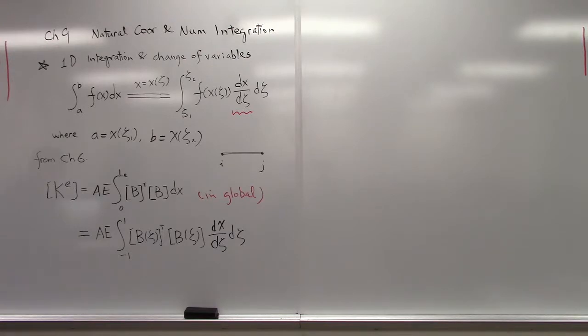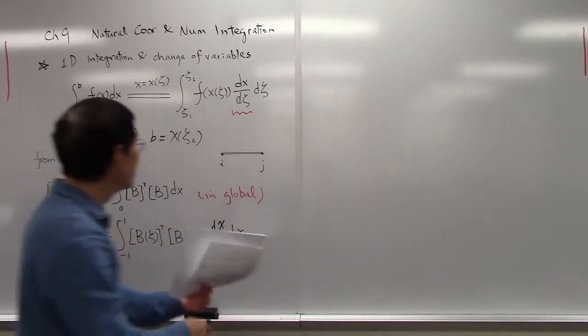Previously, we have derived the relationship between the shape functions and the global x, and also the shape functions with the local natural coordinate theta. Let me remind you of the relationship here.